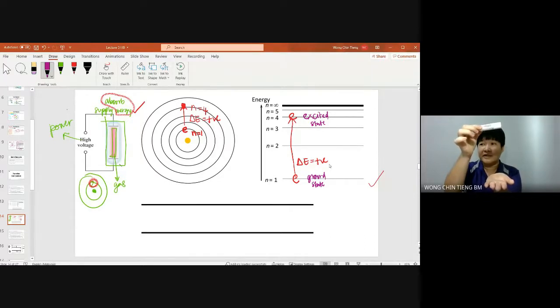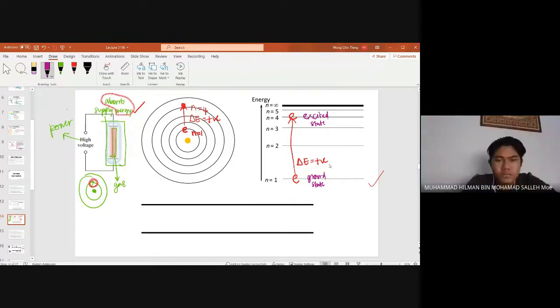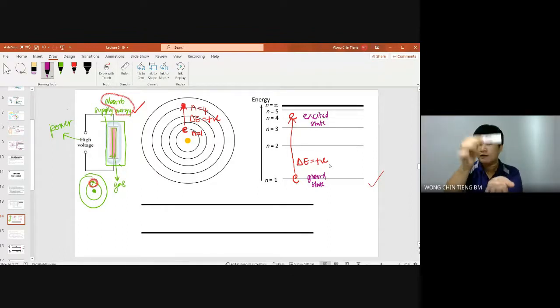Soalan teacher, will this pen last forever up there? No. Dia akan jatuh balik. Kalau kita baling pen di muka bumi, dia akan jatuh balik. Kenapa? Sebab gravity. Kat sini, kenapa dia jatuh balik? Because nucleus. Betul? Elektron kamu negative charge, dia bergerak sebab dia dapat tenaga, dia duduk kat atas.